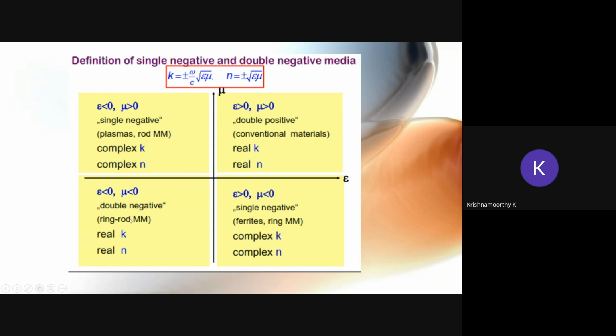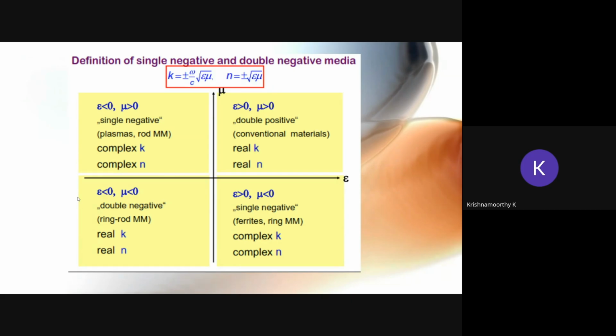Okay. So another category of material we call epsilon negative and mu negative. Both simultaneously are going to be negative values, and we call it the double negative medium. An example of a double negative medium is the combination of split rings and metallic rods.